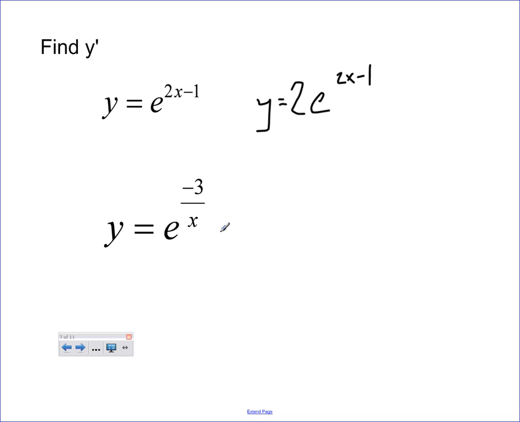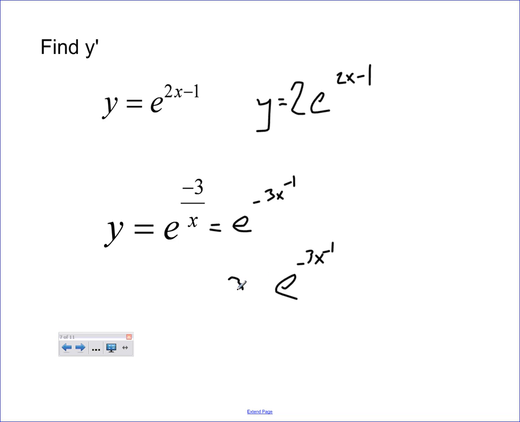We can get a little more fancy. What's the derivative of e to the negative 3 over x? Not going to be fooled by that, because we know that's negative 3x to the negative 1. So the derivative of e to the negative 3x to the negative 1 is e to the negative 3x to the negative 1 times the derivative of negative 3x to the negative 1, which is going to be what? Positive 3x to the negative 2.